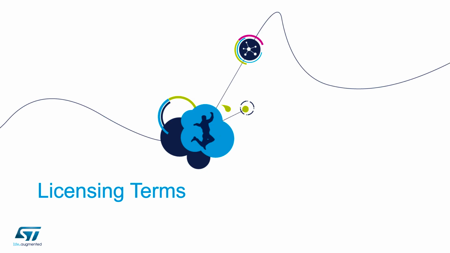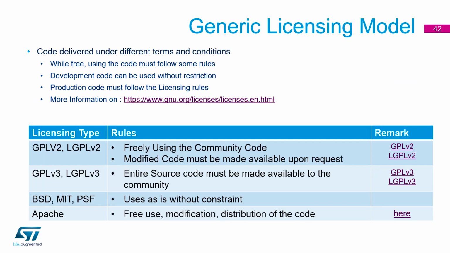Licensing terms. Each of the different elements of code will have slightly different licensing rules, regulations and restrictions on what you can do with it. GNU.org is a great place to go and have a look for some of the more open licensing information, but most of what we as ST provide will be under BSD type licenses, so you can use it without constraints.